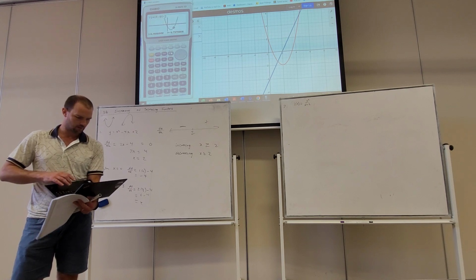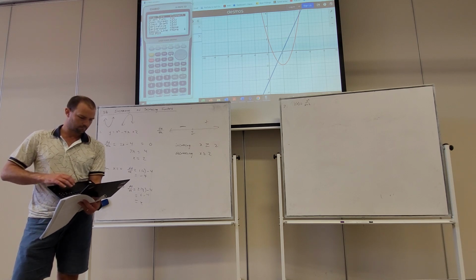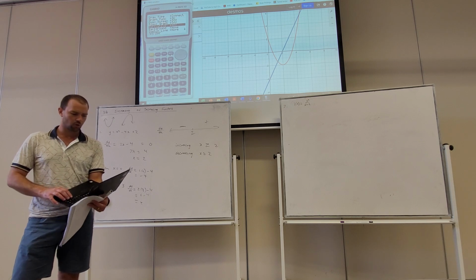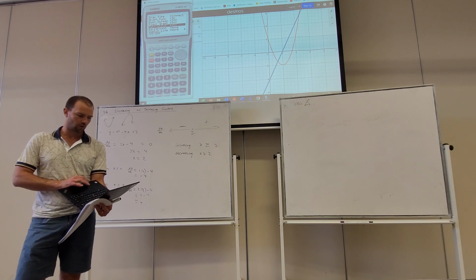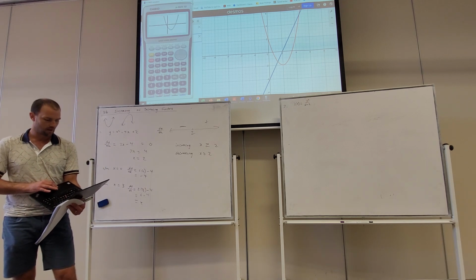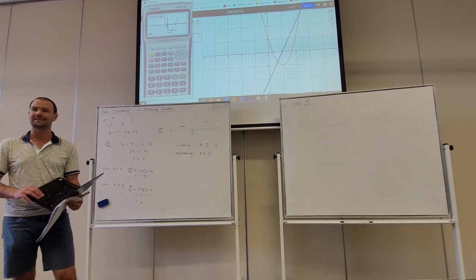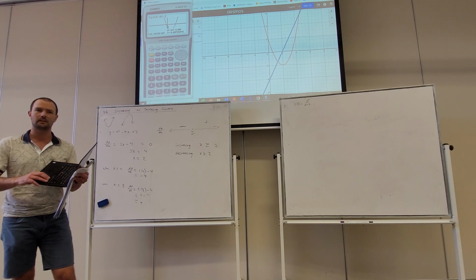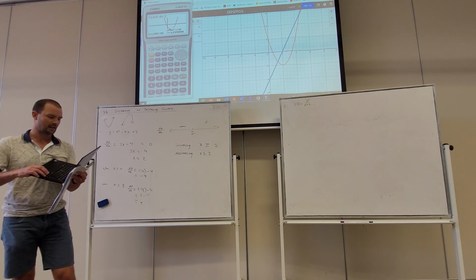I'll go back in there, sorry. Shift menu. I showed you there's this option called derivative, and we want that turned on. Most of you have it turned on already, and it should stay on once you've turned it on. And now when we trace along it, look, it's giving me the dy on dx value. It's telling me the slope for any point there.